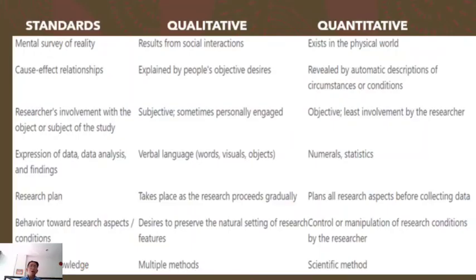Okay, so here are some things that we have to remember about the difference between qualitative and quantitative research. When it comes to the mental survey of reality, in qualitative research it results from social interaction. So they observe people and they interpret interactions using words, ideas, and opinions. That is in qualitative research.